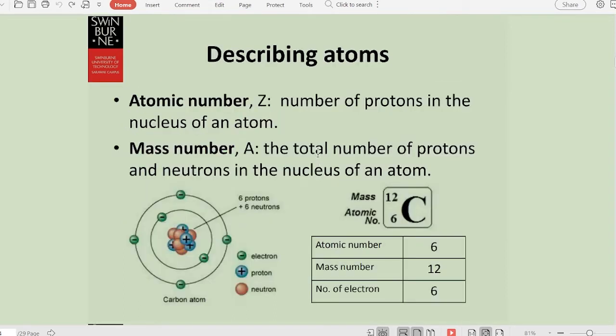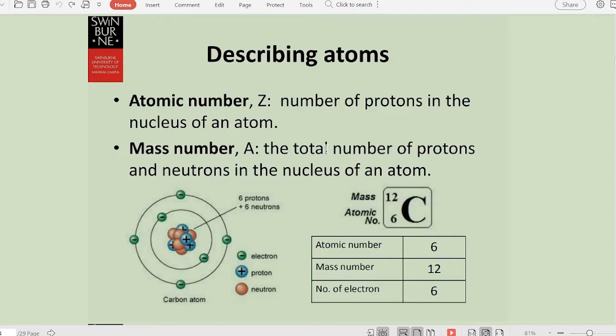Now, how do we describe the atoms? Well, there is the atomic number and mass number, because we have already seen that the nucleus has proton and neutron. The number of protons in an atom will always be the same.